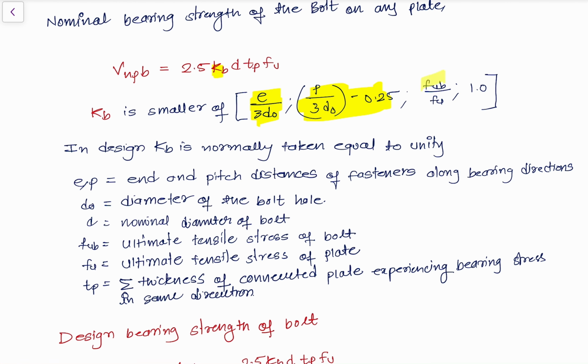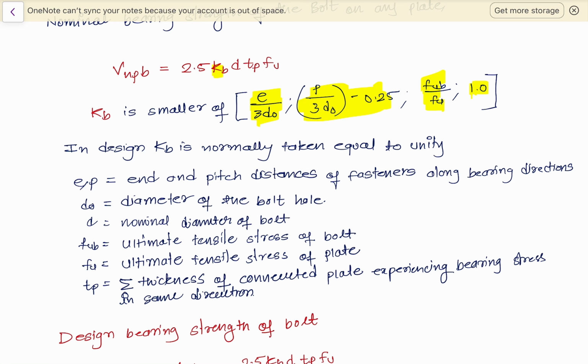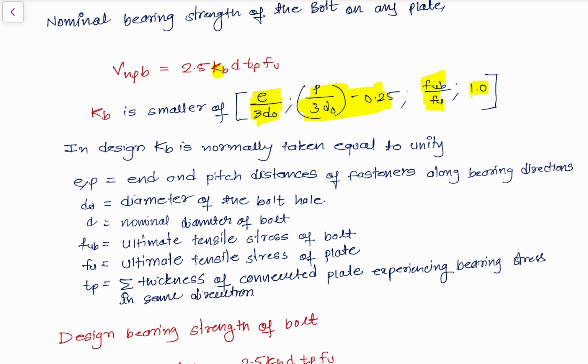The third is fub upon fu, and the fourth is 1. That's why we consider it as unity. Here e and p are the end distance and pitch distance of the fasteners along the bearing direction. I'll explain exactly what they are when we go for the numerical. Just understand the conditions now.